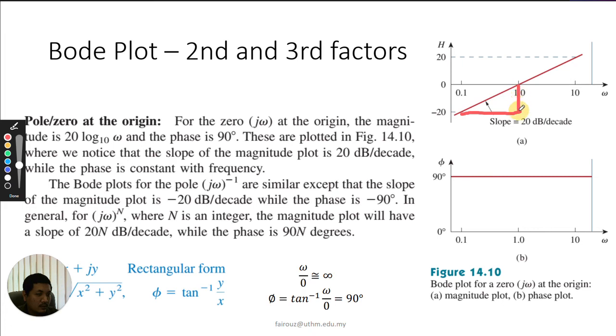Now here to here is 20 dB. So we have 20 dB over decade. This is the slope, 20 dB over decade. This is for the zero.